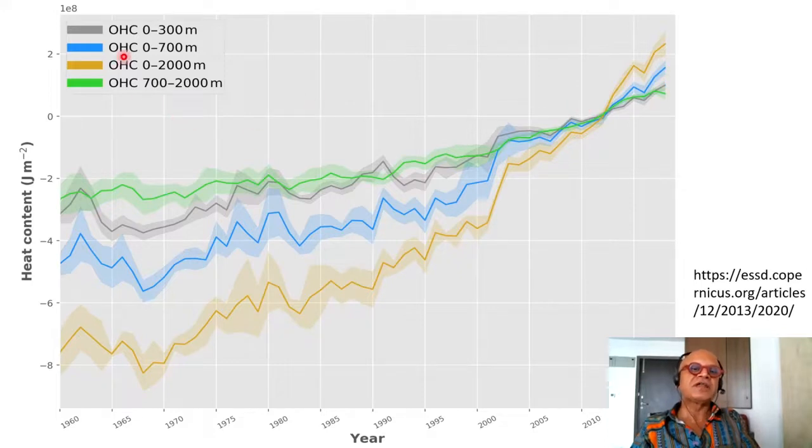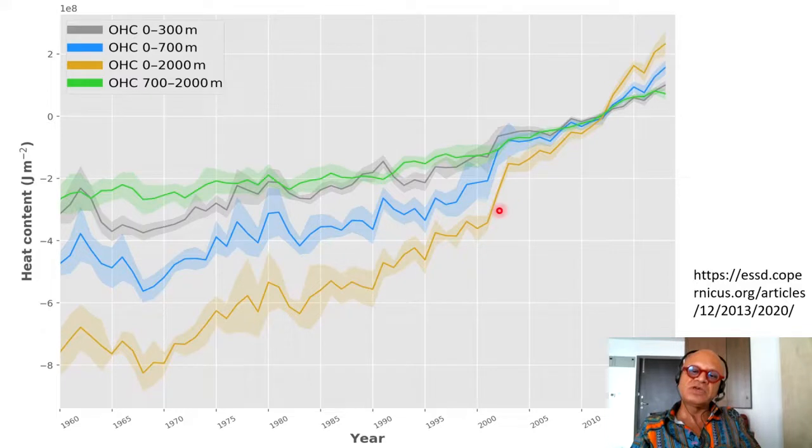So you are looking at ocean heat content in the upper 300 meters in this line here. You are looking at 0 to 700 meters in this blue line, and ocean heat content down to 2000 meters is shown here. So the idea is that even if you look at the deeper ocean from 700 to 2000 meters, which is this green line here, they are all warming.